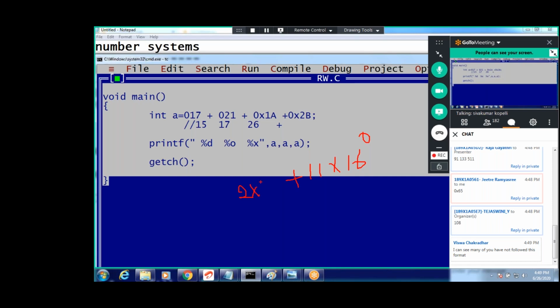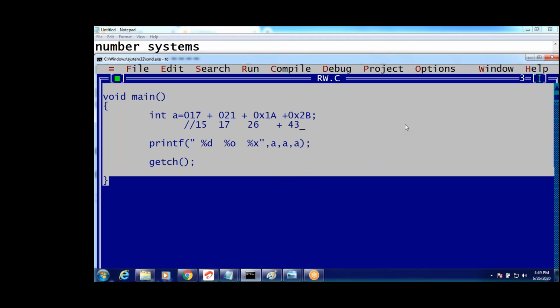Now what is the total answer? 15 plus 17 is 32. 32 plus 26 is 58. Plus 43, it's 101.